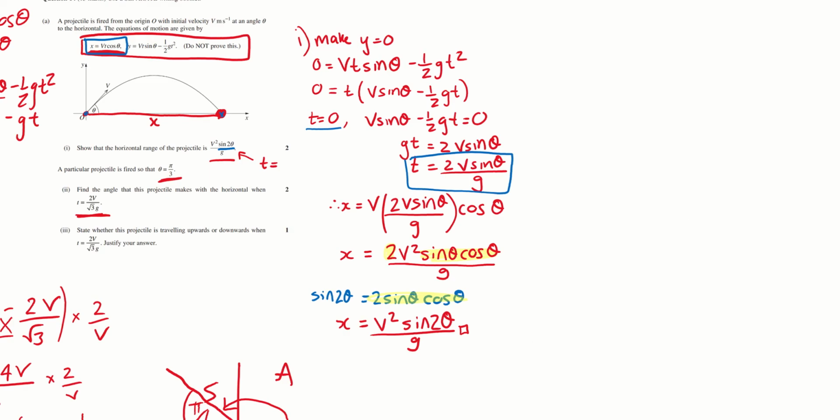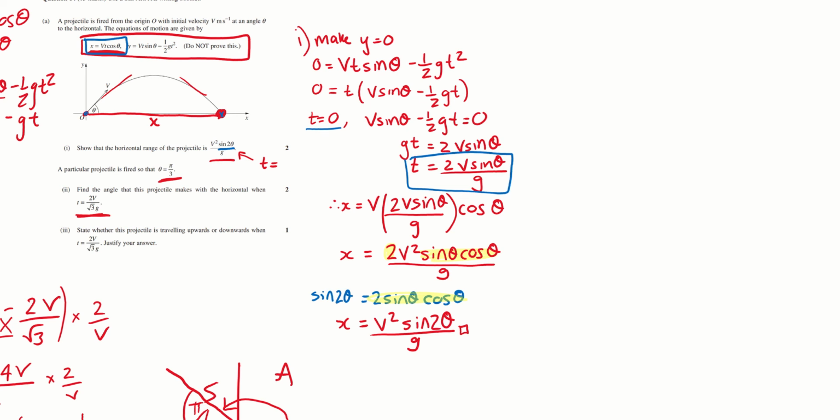Okay, so for part 3, state whether the projectile is travelling upwards or downwards when that time is occurring. So think about what might prove whether it's upwards or downwards. So basically, we want to know if it's on its way up or if it's on its way back down at this particular time.